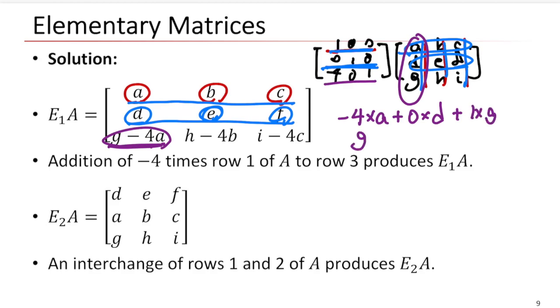So this is g minus 4a here. So what does it mean? This is similar to the addition of negative 4 times row 1.